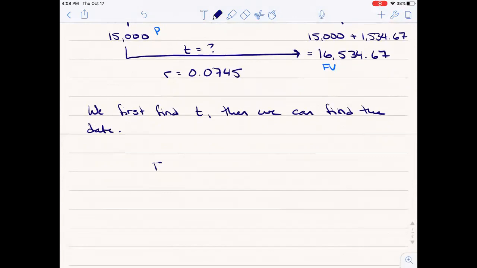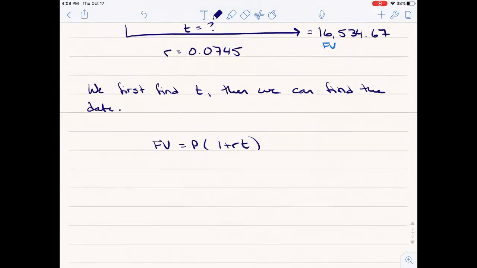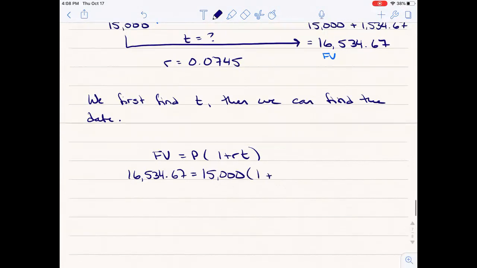So the future value is P times 1 plus R times T. The future value is 16,534.67. P was 15,000 times 1 plus R, which is 0.0745, times T, which is what we're trying to solve for.